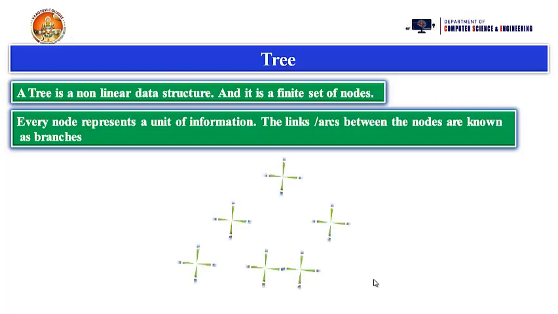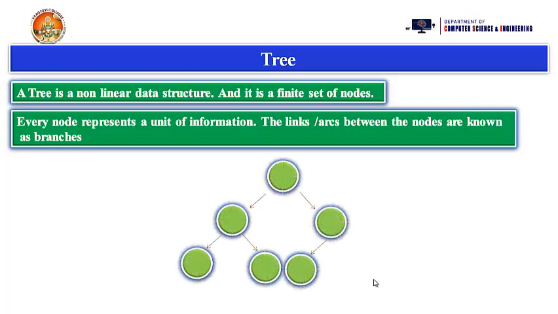You can see this one. Now this is the tree, and this circle represents the node and the lines represent the arcs. So we are connecting each and every node with the arcs or lines. This circle is called a node. When we collect a finite number of nodes, that is called a tree.